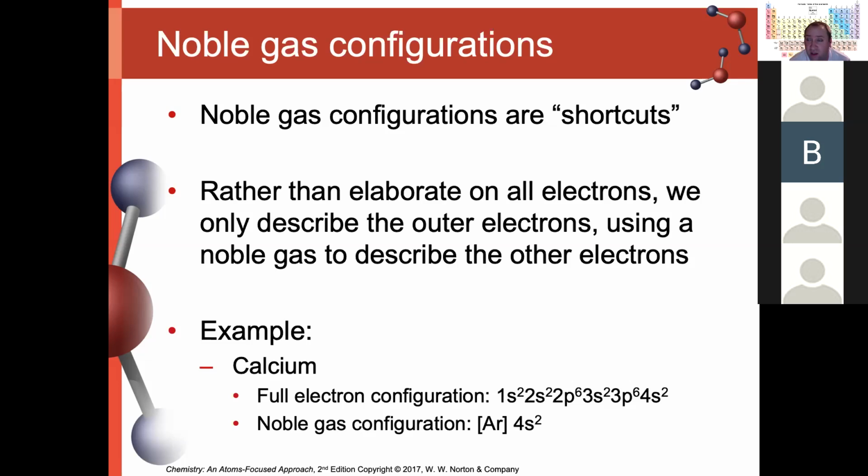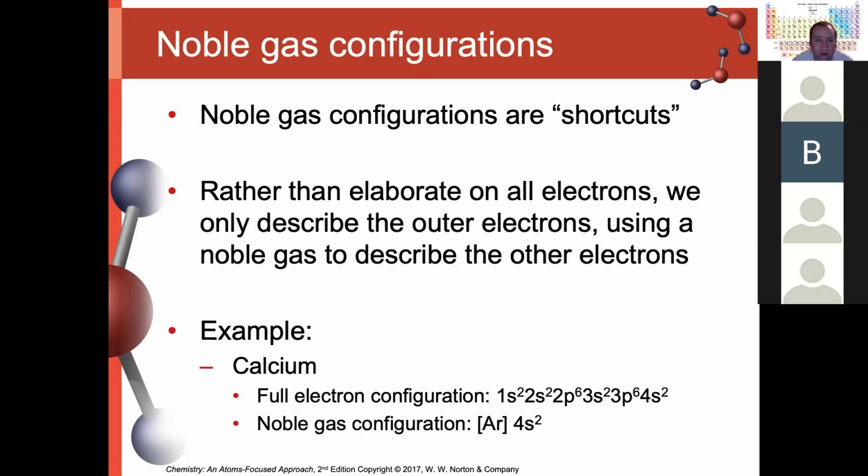Now, imagine if you had to do lead or radon or any of those other ones, it'd become a long exercise and a pretty redundant one at that. And so luckily there is a shortcut. The shortcut is something called a noble gas configuration.